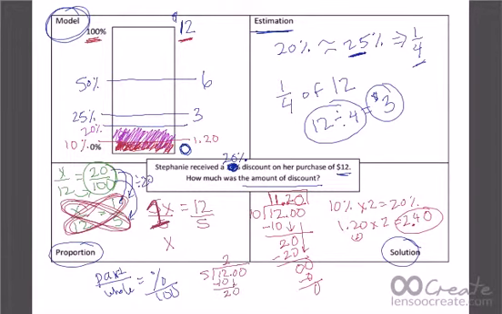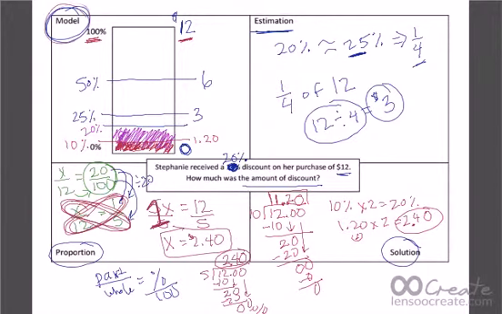Bring down my 0, it's 20. 5 goes into 20 4 times. 4 times 5 is 20. 20 minus 20 is 0. Bring down my last 0. 5 goes into 0 0 times. 0 times 5 is 0. 0 minus 0 is still 0. Walk my decimal point up, and I get 2.40, $2.40, just like I got on my percent bars.